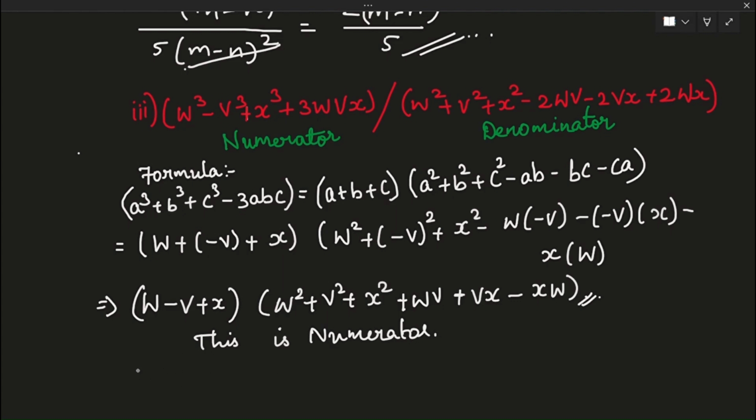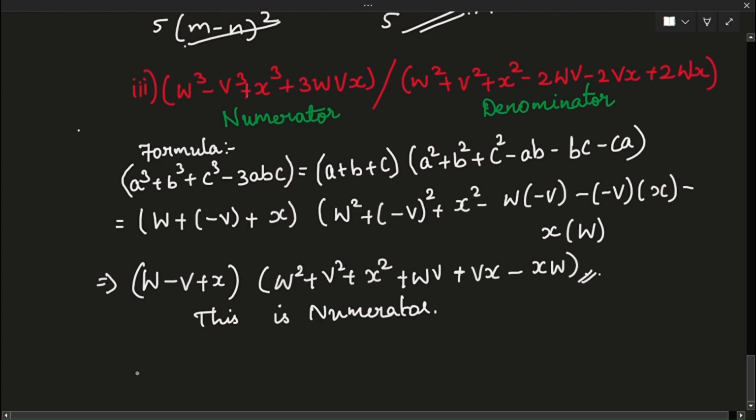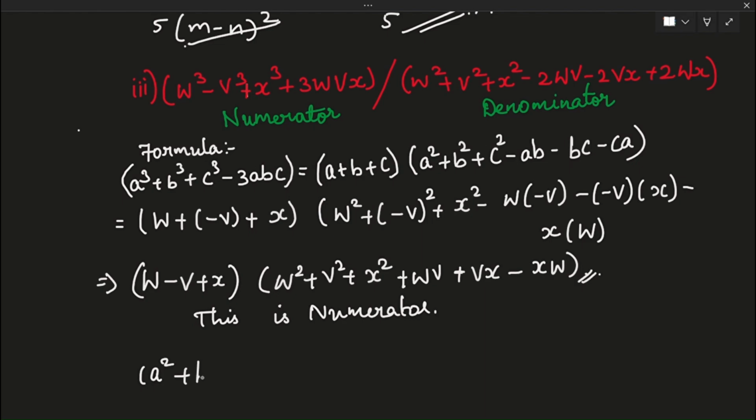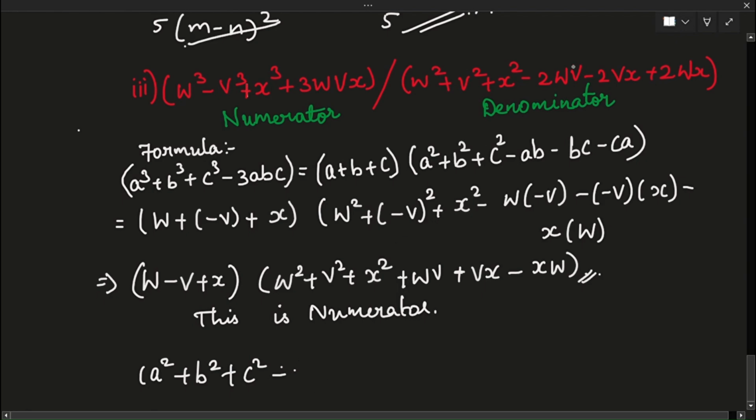Okay, now see the denominator is in the form of a square plus b square plus c square. Actually here you can observe, as I told in previous videos also, here also minus and here also minus. So we can write this one as 2ab minus 2bc then plus 2ac, which is equal to (a minus b plus c) whole square.